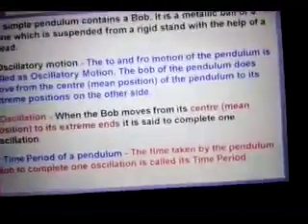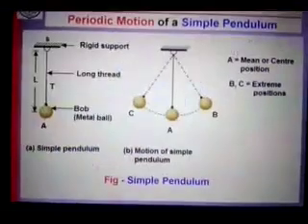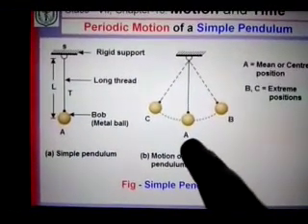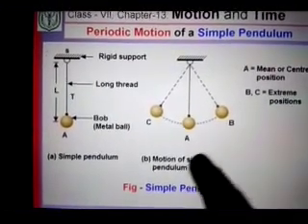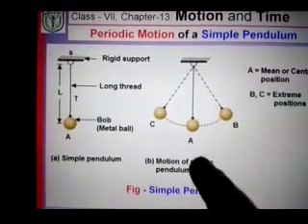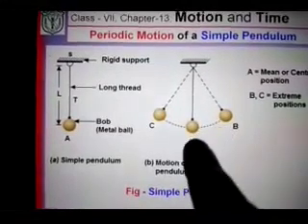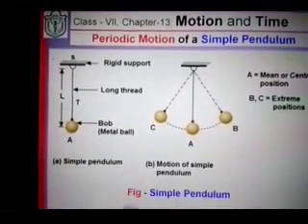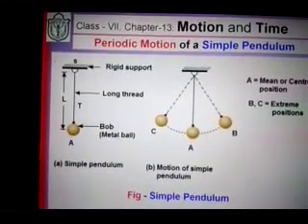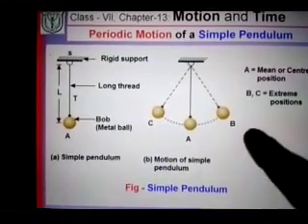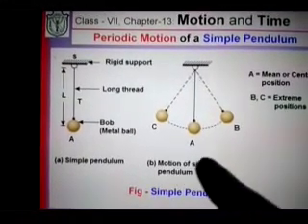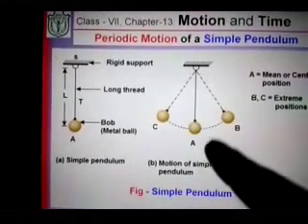What is the meaning of one oscillation? One oscillation means, suppose I start from A, it goes A to B and B to C, and comes back to A. Then it is called one oscillation, like this: A to B, B to C, C to A. Or suppose I take an oscillation from B, it goes from B to C, C to B, along its mean position.